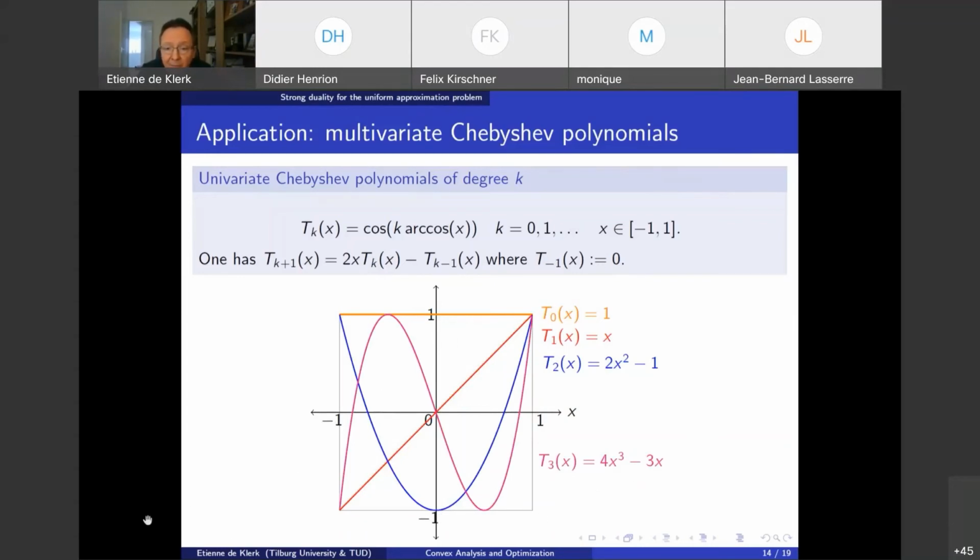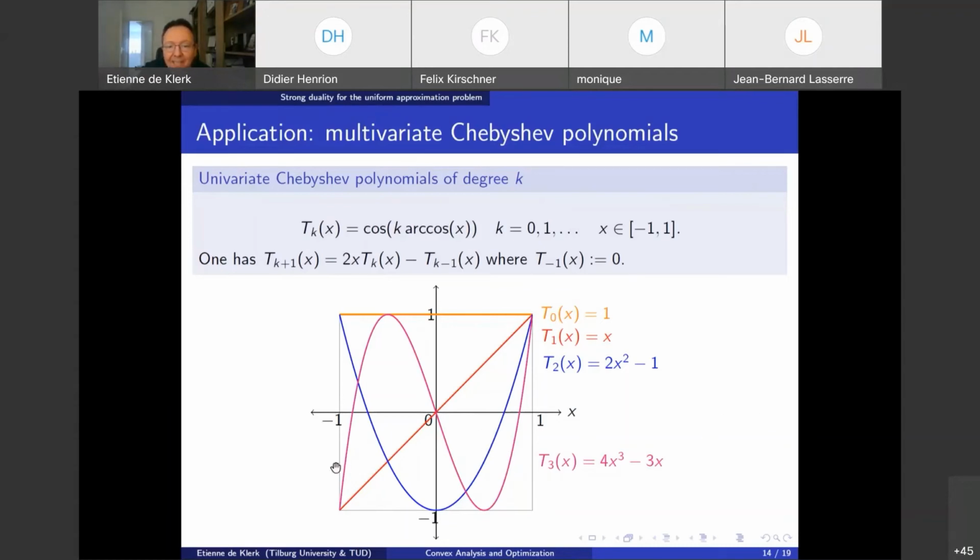So something that you would notice is, okay, so these are the first four Chebyshev polynomials.